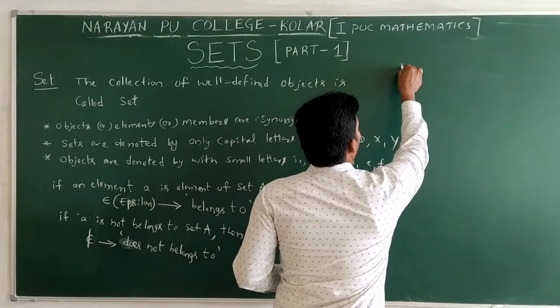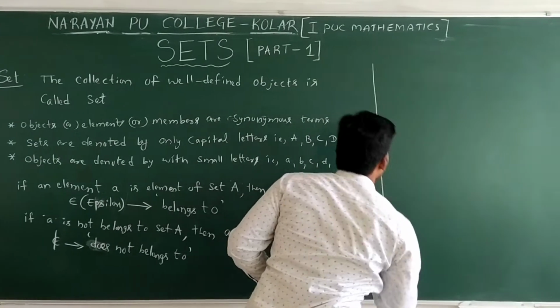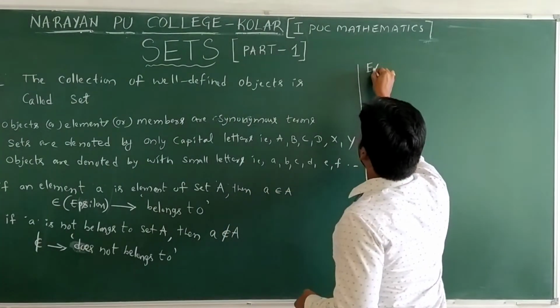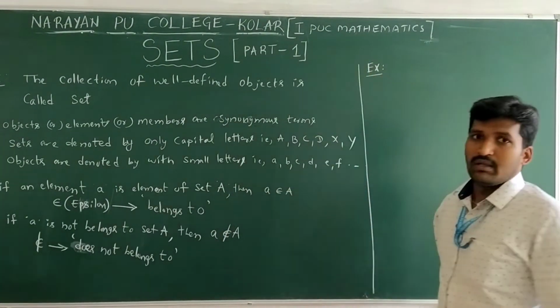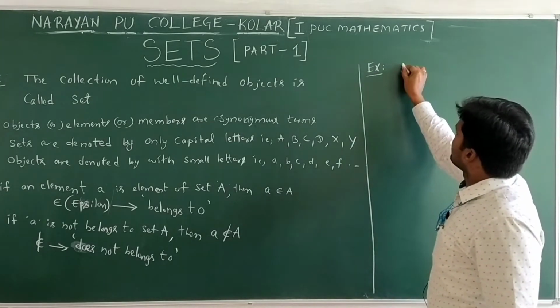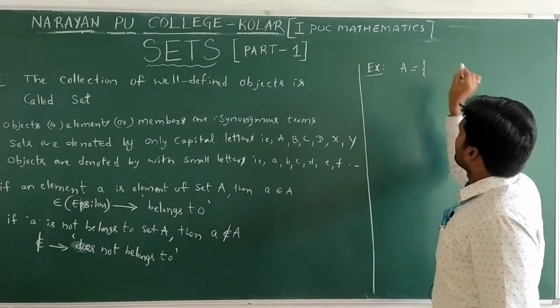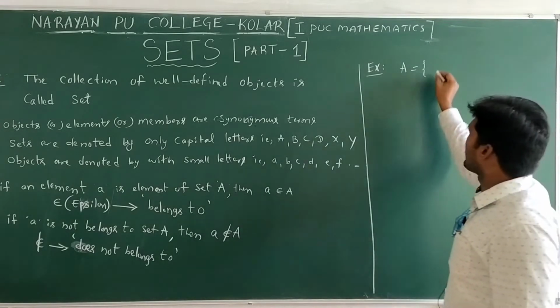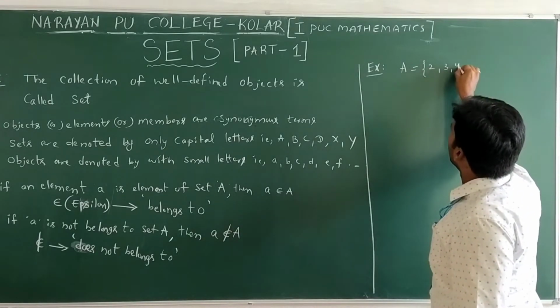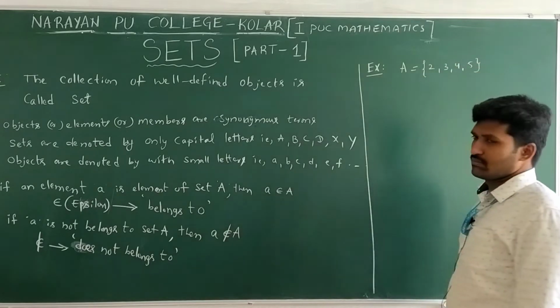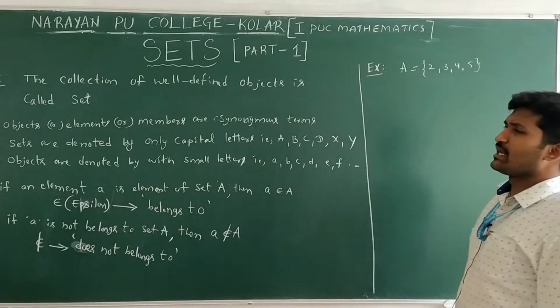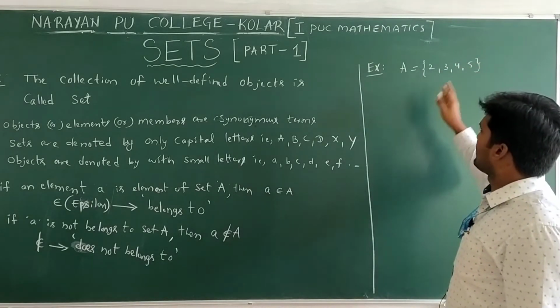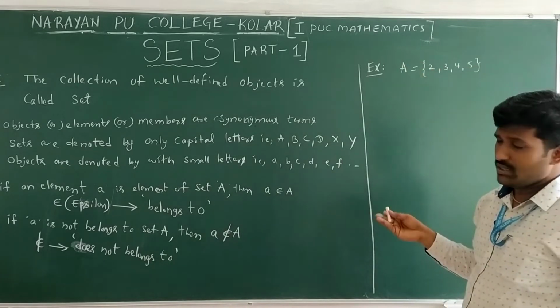Now, for example, can I take a set like this? I take the collection 2, 3, 4, 5. You want to check whether an element is in set A. For example, does element 3 belong or not?